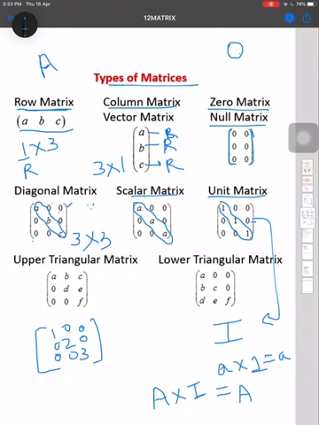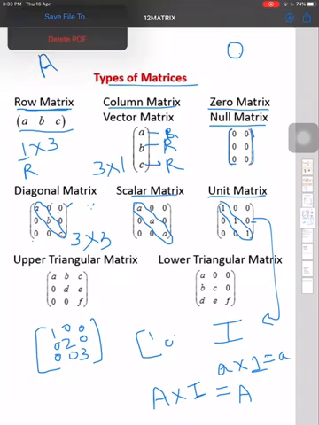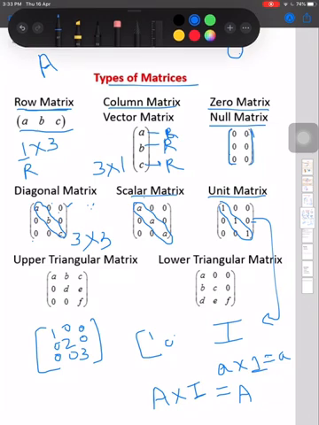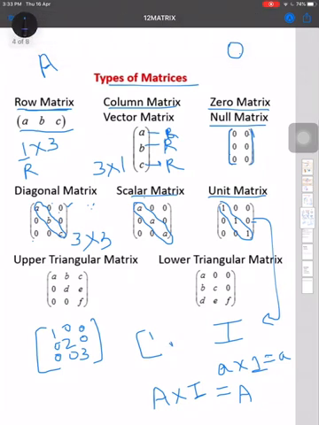In all these it is 3 by 3. In 2 by 2 it will be like this. Here this will be 1 and this will be 0, 0. So this is square matrix.